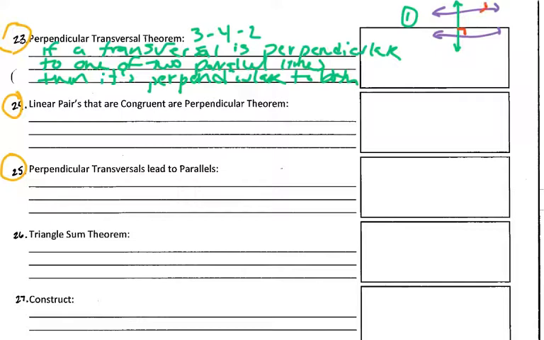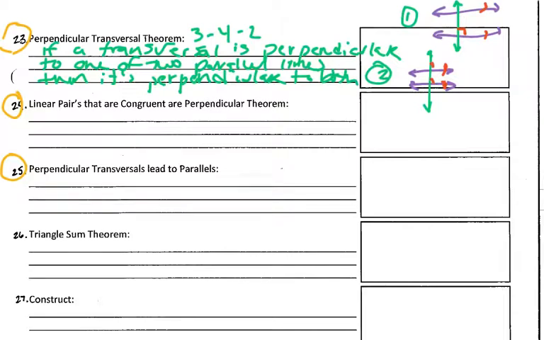So again, we're given those are parallel. The second piece would be that we would have the two parallel lines and the fact that the transversal is perpendicular to both. That's a parallel line symbol.